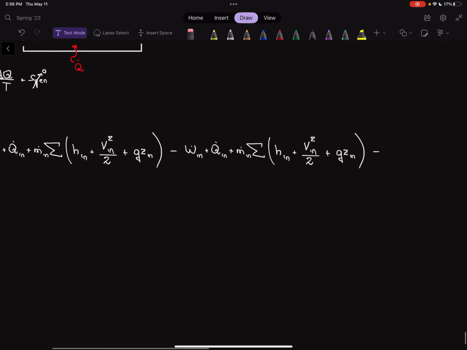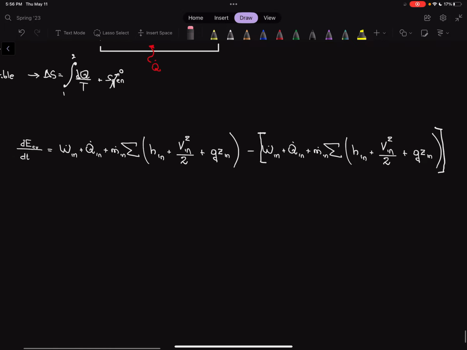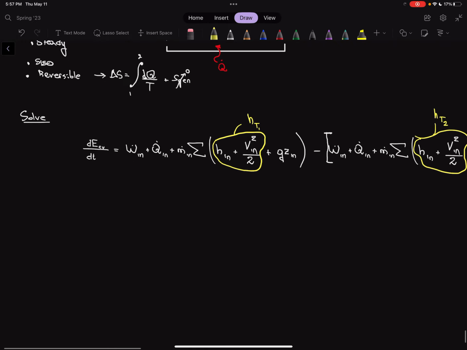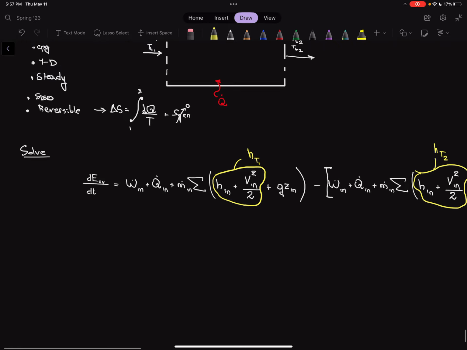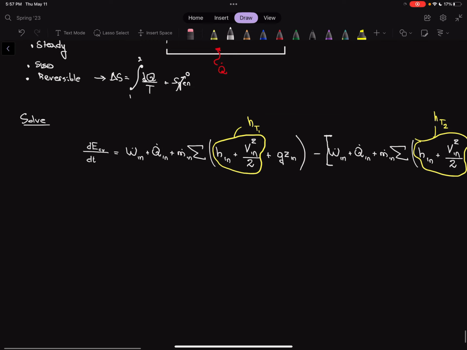Now you have to remember to put a parenthesis in here, otherwise only the first term would be subtracted. And that's it. Then we go on with our assumptions, remembering that this is total enthalpy. This is HT2, for 1 and 2. To put subscripts 1 and 2, we use the assumption of 1D flow.